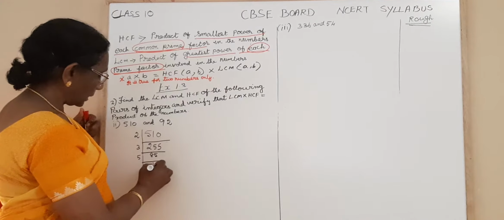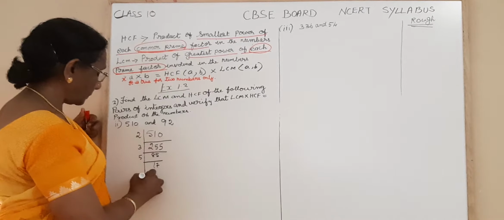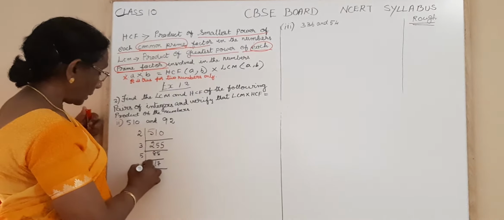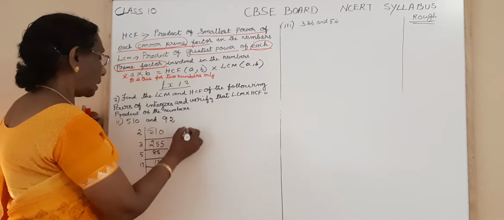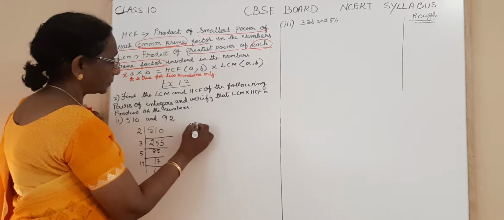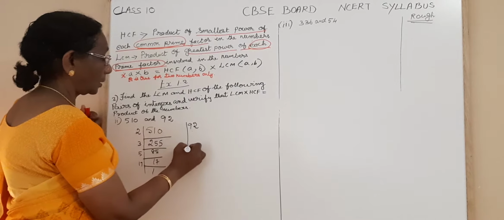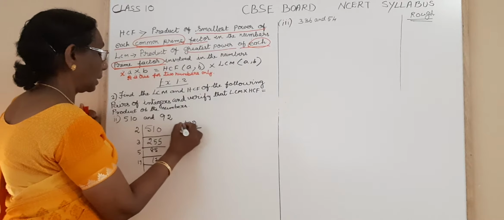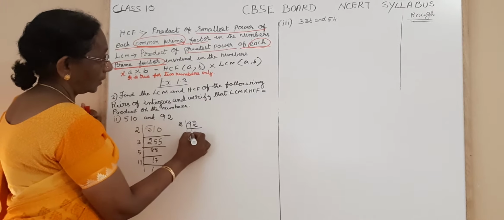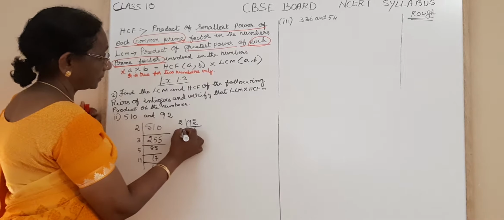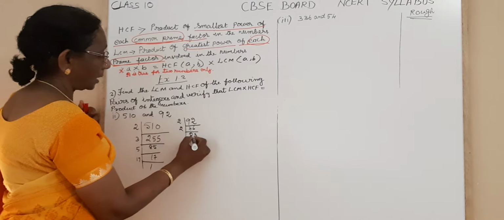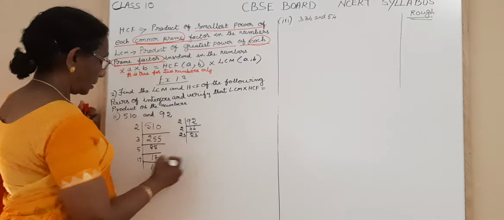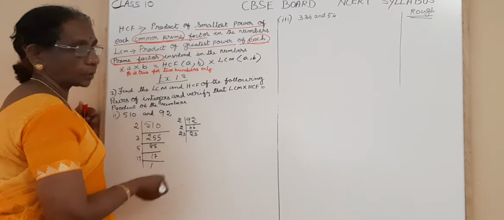5... 17s are... and now 17 goes one time. Now 92. 2, 4 2s are 8. Again divisible by 2, 23. 23 is a prime number. Here 17 is a prime number, so we are stopping with that.